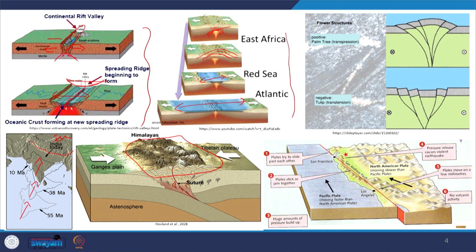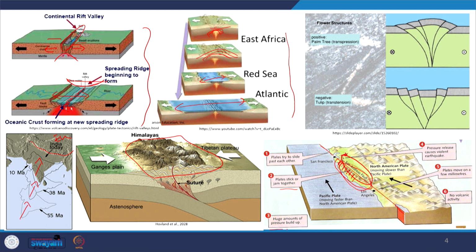And talking about transform motion, this is the San Andreas fault, which is a famous fault for transform motion. Due to this transform motion, plates try to slide past each other. This is the transform fault, and plates stick and jam together. If you see here, this is not an easy process to move. This part is locked, so maximum deformation occurs here.